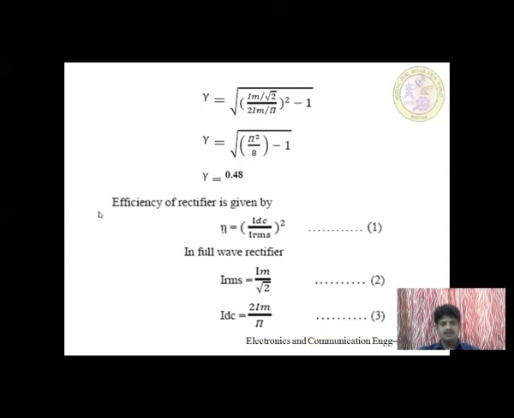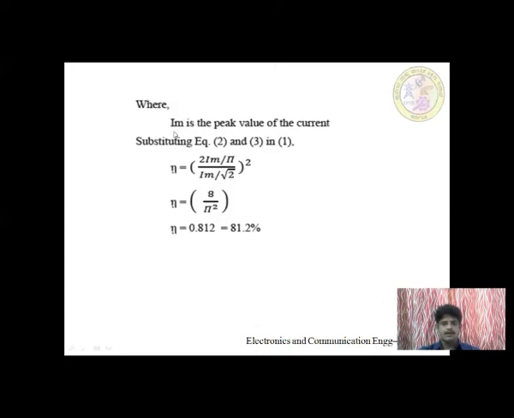Next, we have to calculate the efficiency of the rectifier. I already know the equation. Eta is equal to (IDC by IRMS) whole square, and we have the equations for full wave rectifier, IRMS and IDC. Here also it's simple. We just have to substitute these two values in this equation and simplify it. So we have substituted those two values.